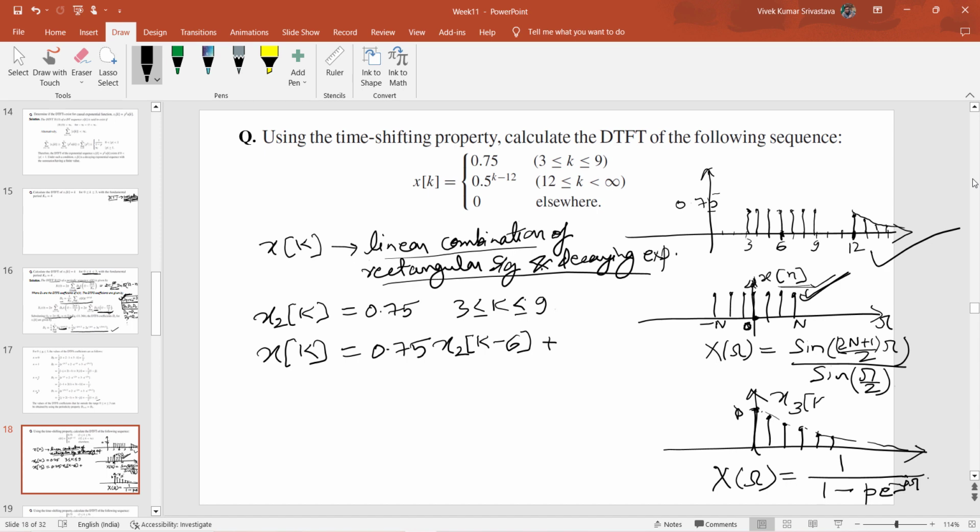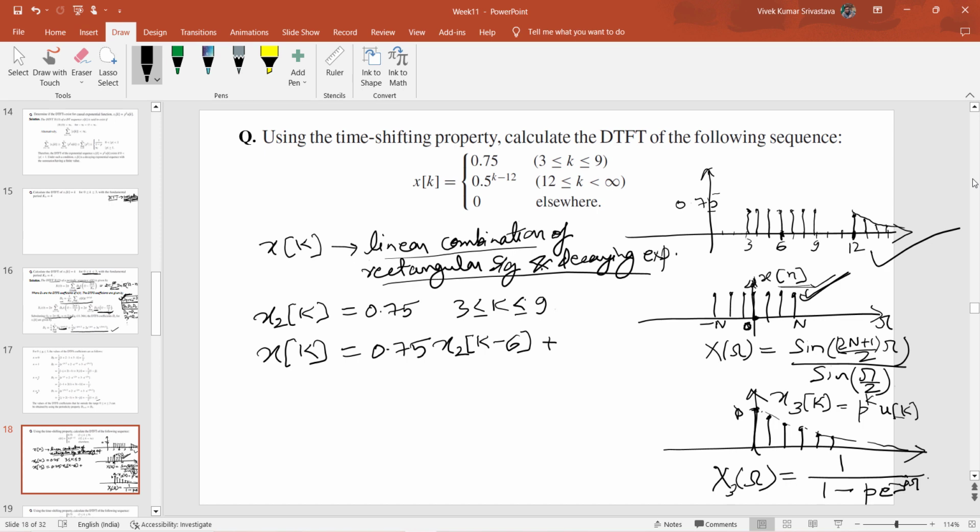So similarly, for this kind of signal x3 of k, which is defined as p raised to the power k u of k, corresponding to this signal we get the transform X3 of omega equal to 1 over 1 minus p e raised to the power minus j omega.